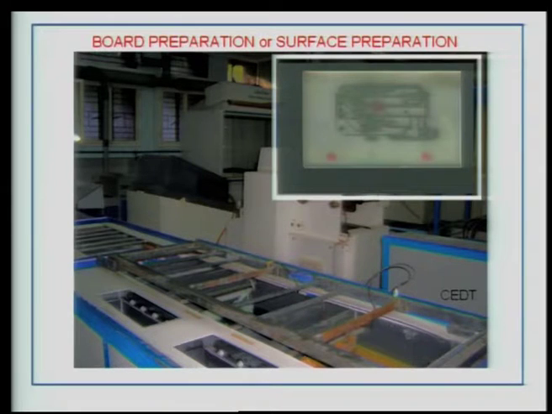So, we talk about now board preparation or surface preparation as the first activity in the board fabrication sequence. In the inset, you are seeing a printed circuit board. The color of the laminate here, as you see, is almost transparent.